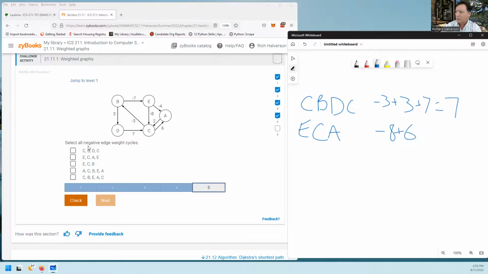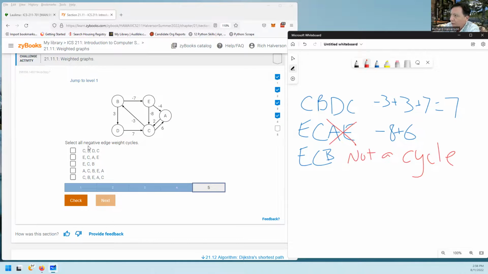Oh, A to E. There is no A to E, is there? So we're going to just cross that out. So it's not valid. What is the next one? E to C to B is not a cycle. Not going to catch me on that one now.